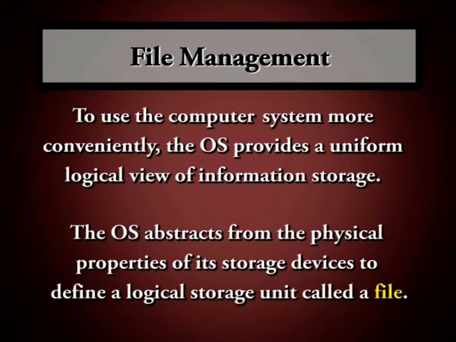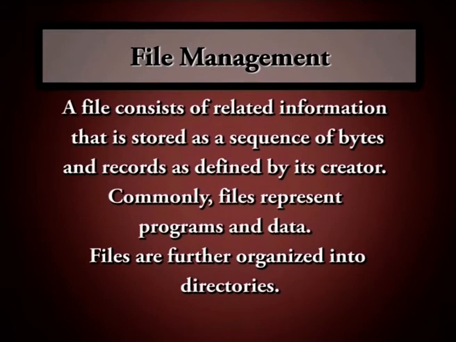The operating system abstracts from the physical properties of its storage devices to define a logical storage unit called a file. A file consists of related information that is stored as a sequence of bytes and records as defined by its creator. Commonly, files represent programs and data.